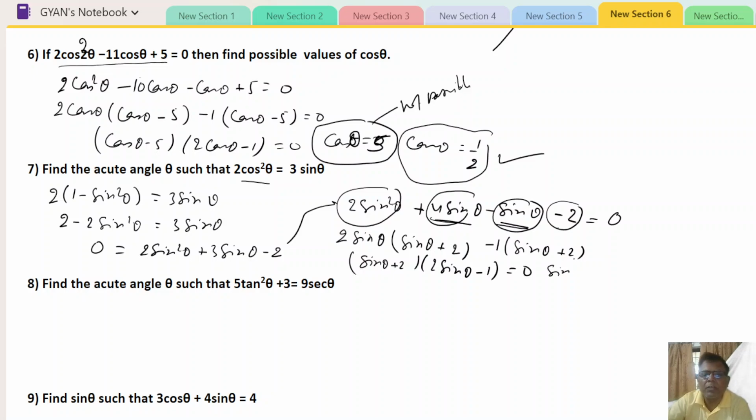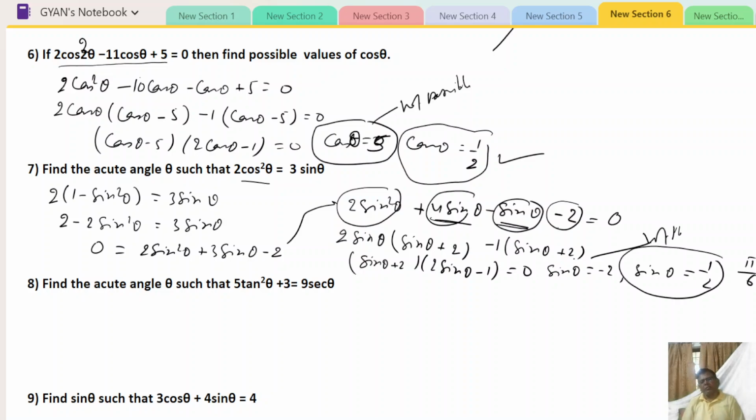So sin theta is equal to minus 2 or sin theta is equal to 1 by 2. Minus 2 is not possible, same reason. So only this is possible. What is the acute angle? Sin theta is equal to half, that means theta is equal to pi by 6. Now come to the next question.